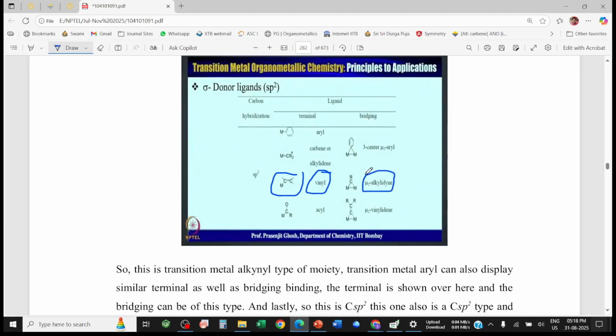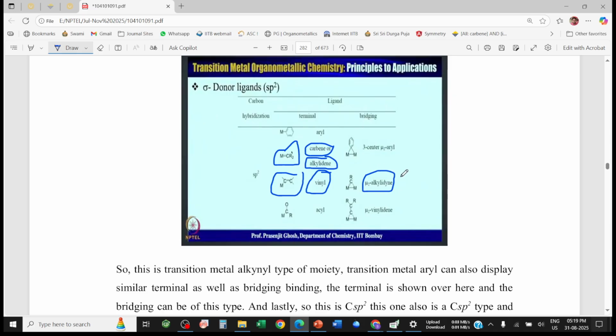So there is a difference. Carbene is alkylidene, and it is M double bond C. But where it is triple bond, we call it alkylidyne.